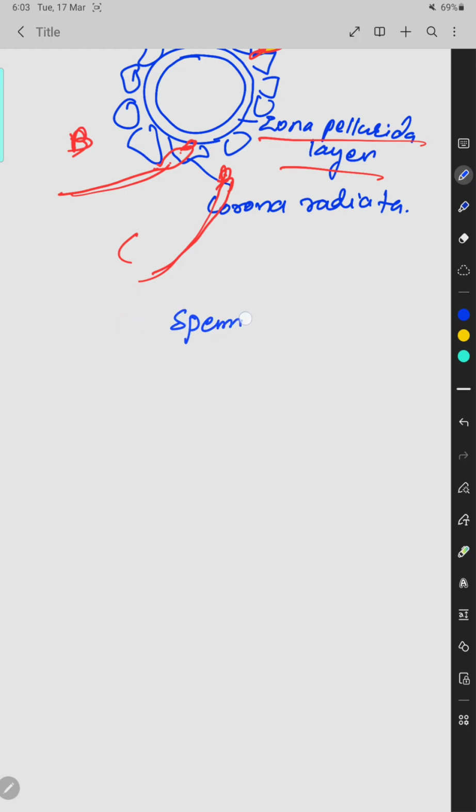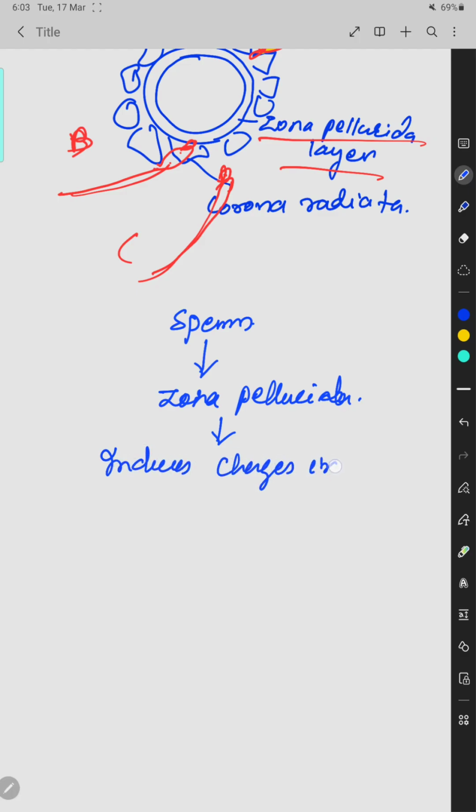Sperm, zona pellucida: when it comes in contact with the zona pellucida, it induces changes in the membrane.